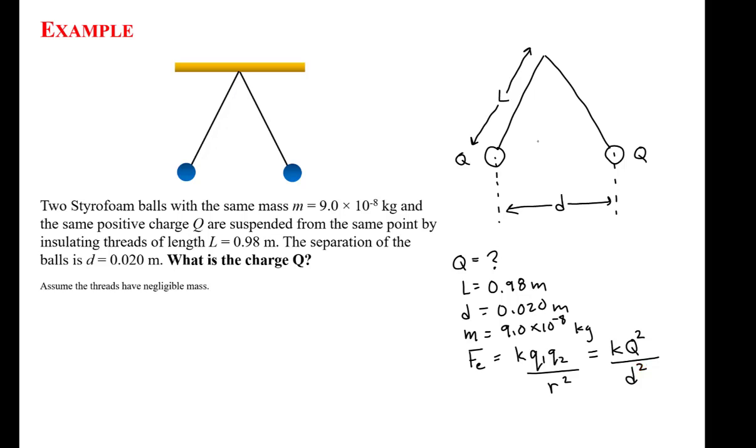Since these are both positively charged spheres, they're going to repel each other electrically through the Coulomb force. So I'll illustrate that on each particle, and I will label these forces F sub E. Now, each particle has a mass, which means there is a force of gravity on each particle, which I will label F sub G, and we know that is the mass of each particle times the free fall acceleration of gravity.